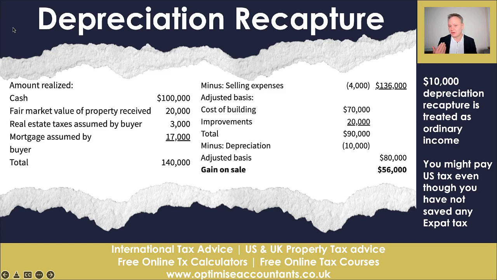Don't forget that building would have been depreciated over 30 years, some items over 9 years, 12 years, 20 years, etc. So now you've got this $10,000 depreciation charge, which may have been a waste of time, especially if you're in a high rate tax paying country as opposed to a low tax country such as Hong Kong, where depreciation is quite useful, not in the UK. But nevertheless, in this regard, you've now got the adjusted basis of 80,000. So we're taking now this value to get a gain of 56,000.